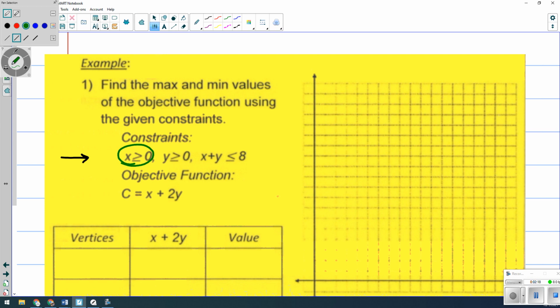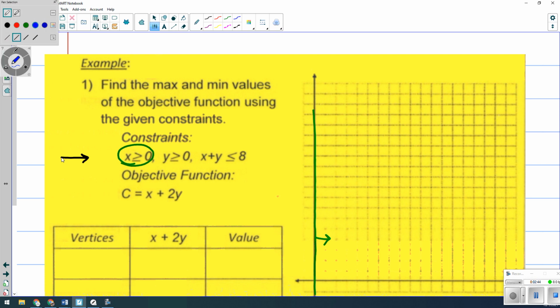Remember that x lines are vertical, so I'm going to draw a solid line like so through the x-axis at 0. And then I can draw that over the whole span of the graph. I'm not going to shade yet. I'm just going to draw a little arrow to remind myself which way to shade. Again, I'm looking for this feasible region, which would be the intersection of all of my shadings.